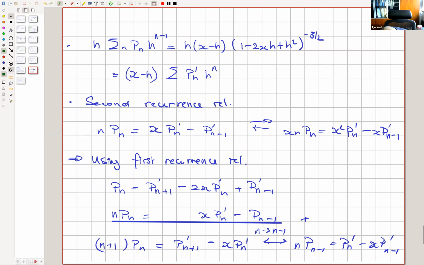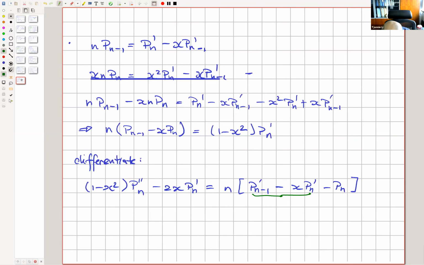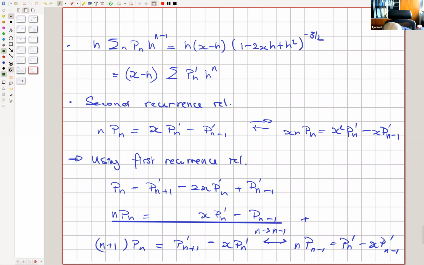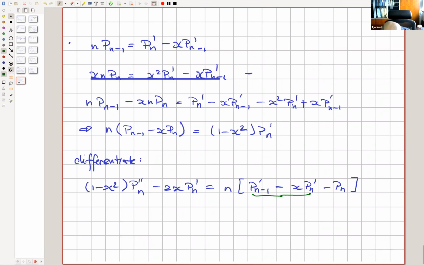It can also be seen here, the second recurrence relationship, and that is simply this term over here. And so I can indeed put this in now in such a way that I get the following.